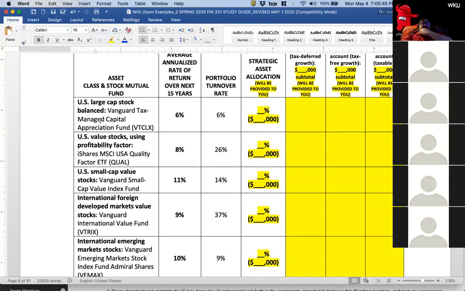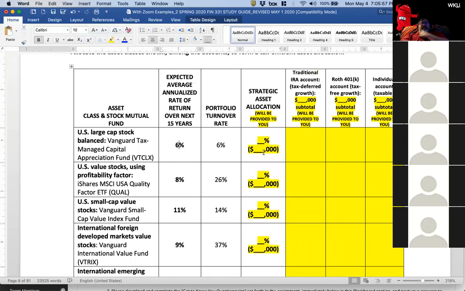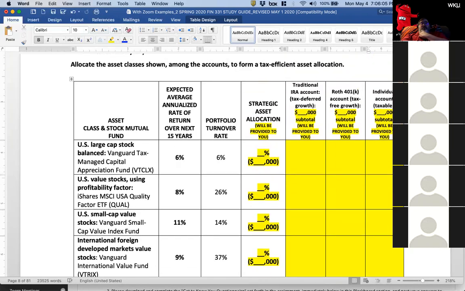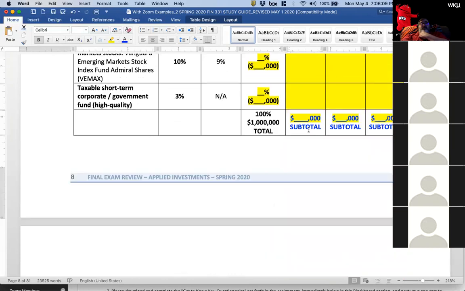These are the asset classes that will be shown on this chart. These are the rates of return that will be shown in the portfolio return. The asset allocation will change, so how much is in each asset class will change. And of course, the totals down here will match the totals up here that are in each account. That's just a reminder for you.